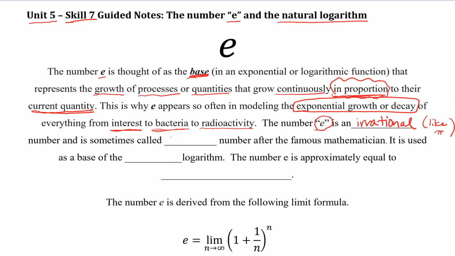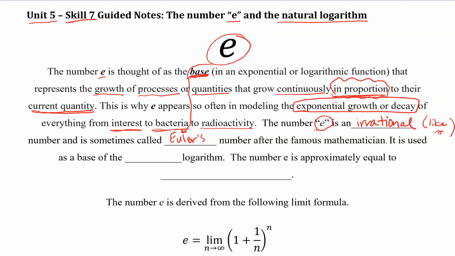Sometimes it's referred to as Euler's number. It looks kind of like Euler, but it's pronounced Euler, kind of like our mascot. The first letter of his name was E, and therefore that's where we get the name of this number. It was named after him.